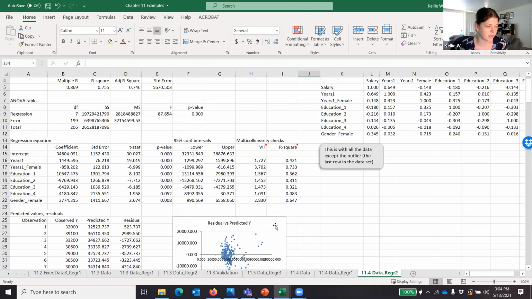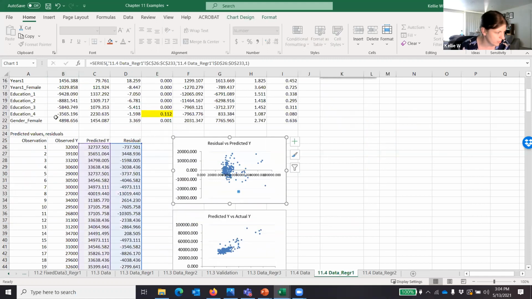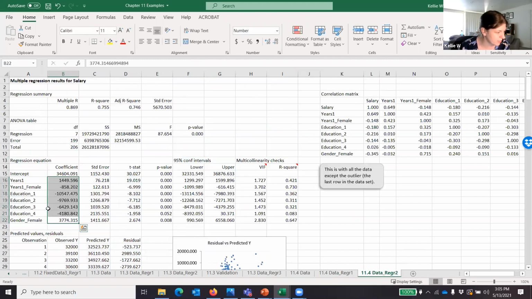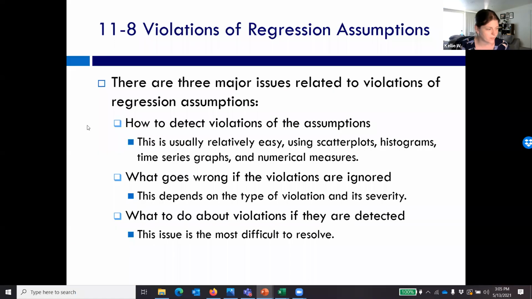So we would ignore this residual plot here and just use this new equation. The coefficients changed from one to the other, and it's too hard to flip back and forth and compare, but you can see the values are different now that we have that outlier gone. So we have a slightly better regression equation. Removing outliers is a tricky thing. Always document what you remove and your justification for removing it.